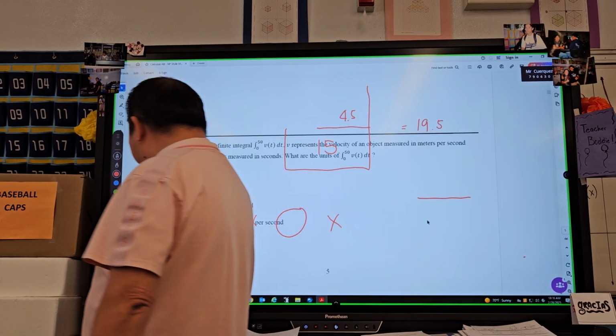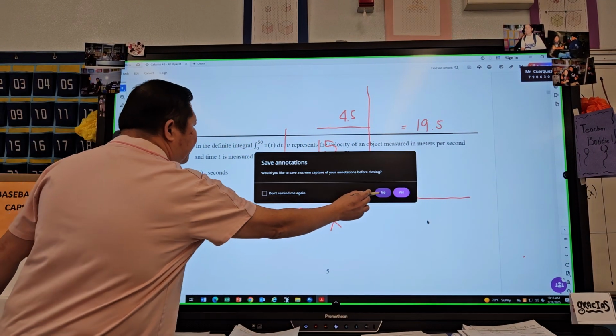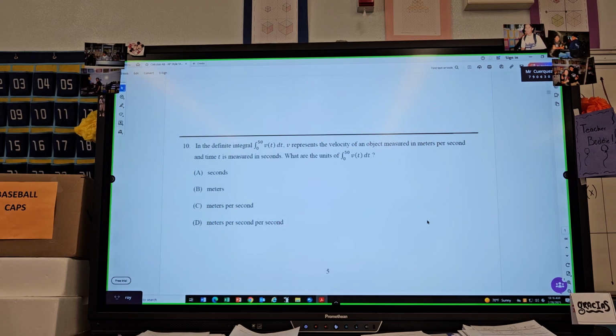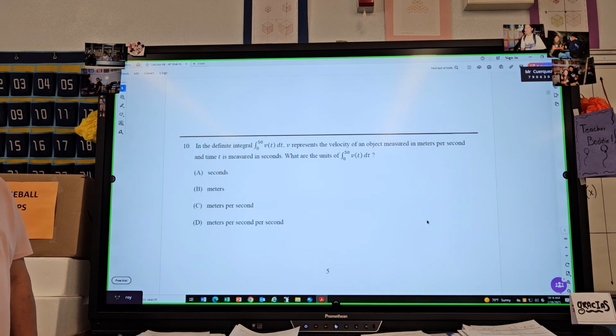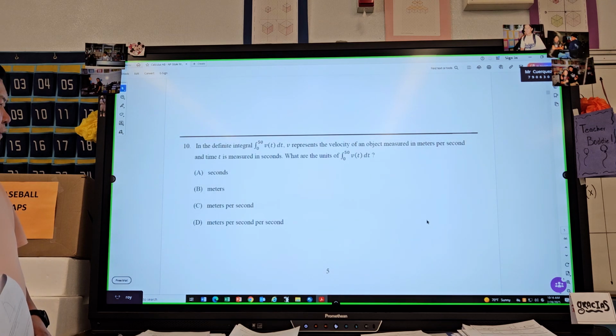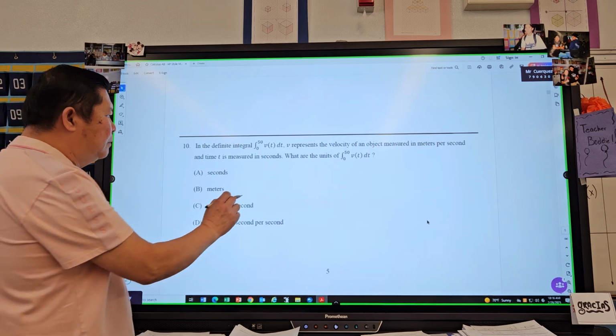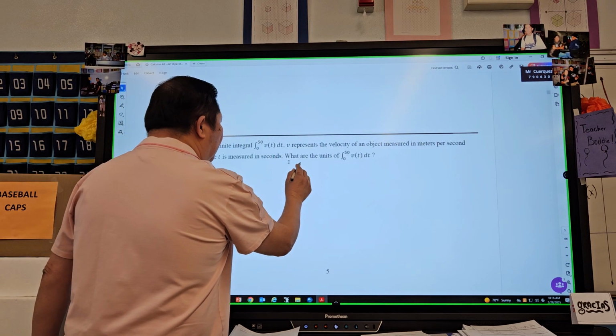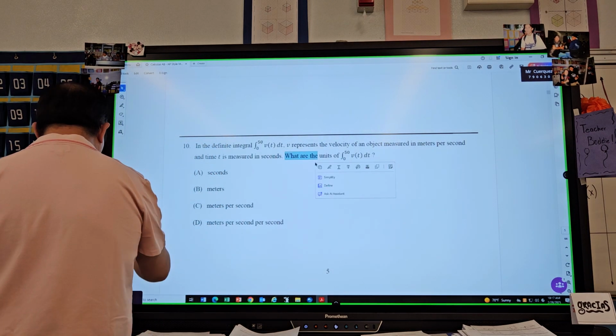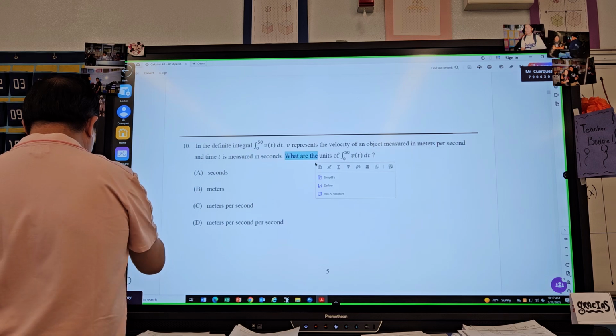For number 10. In the definite integral of v(t) dt, v represents the velocity of an object measured in meters per second, and time t is measured in seconds. What are the units of the integral from 0 to 50 of v(t) dt?